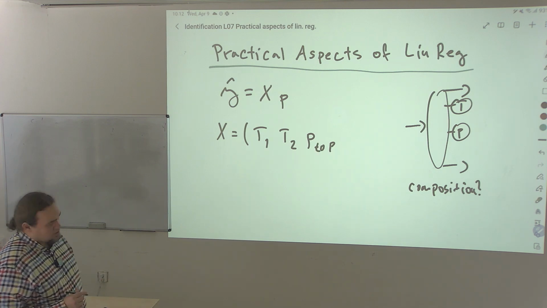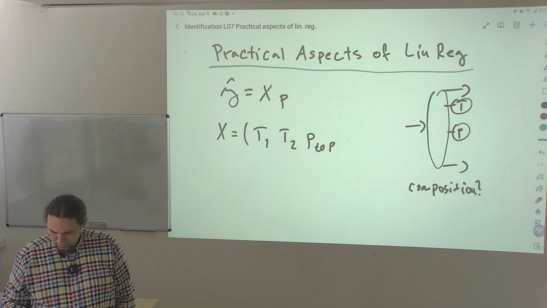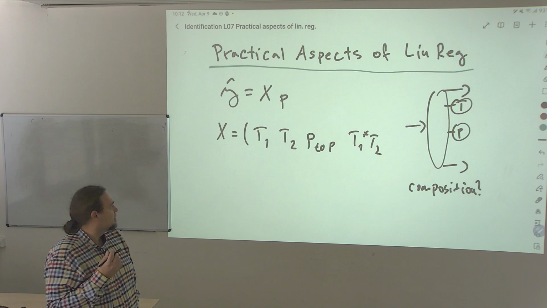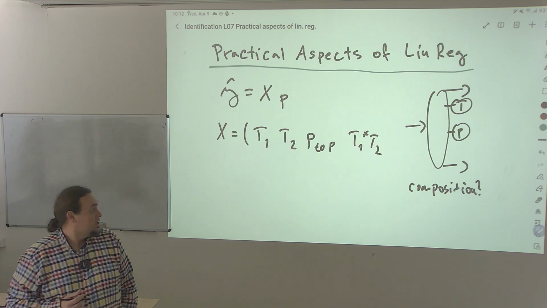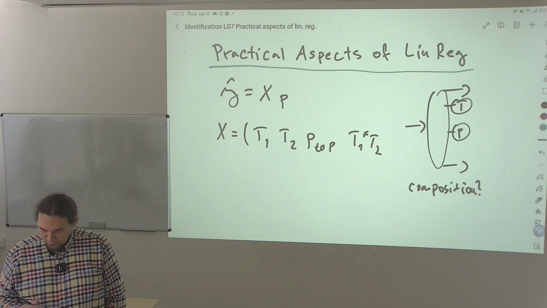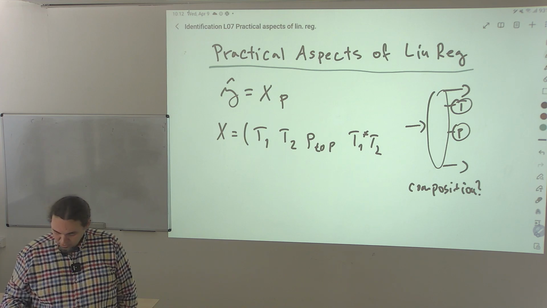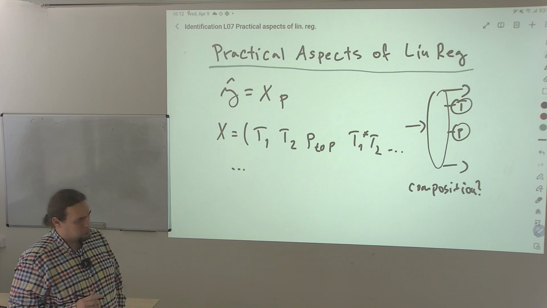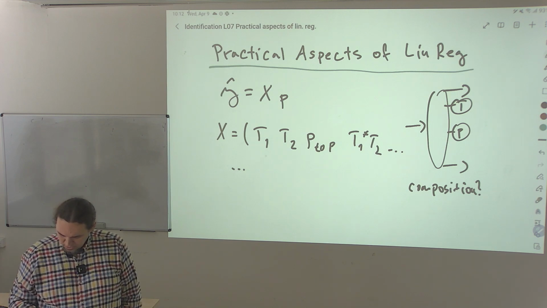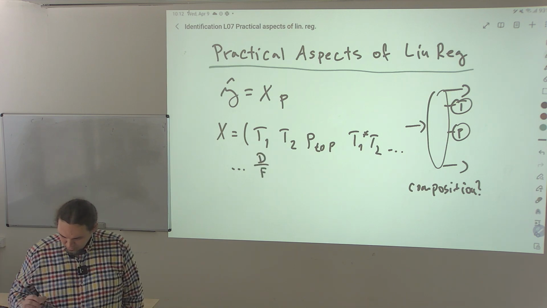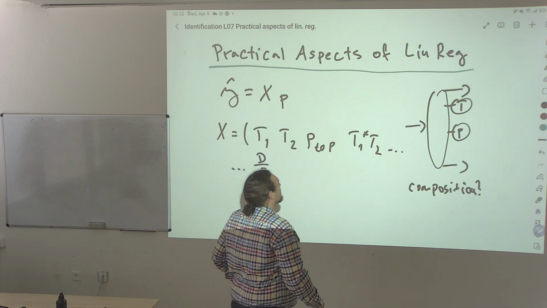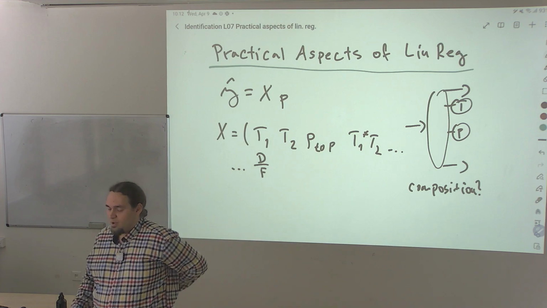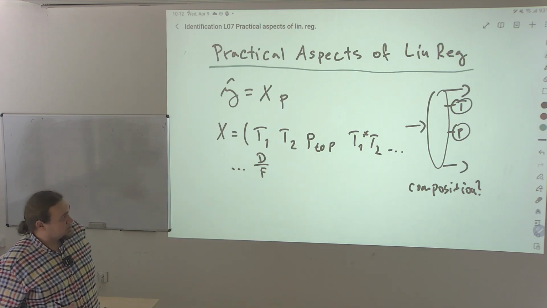We can also think about having multiplications. I don't know if it would make sense. Probably this wouldn't make sense from the physical point of view. We can also think about some, I don't know, there is the standard distillate to feed ratio, how much product in the distillate we are getting, how much feed we are feeding in.